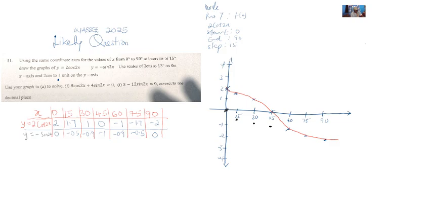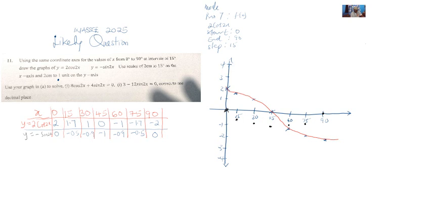60, negative 0.9 somewhere there. 75, negative 0.5, negative 0.9 somewhere here. And then 90 somewhere there. So let's draw the curve.